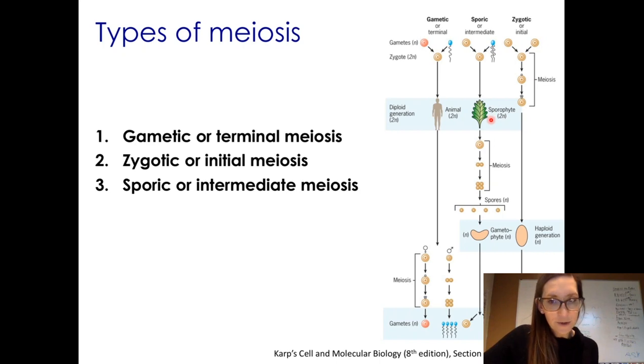That undergoes meiosis to create haploid spores, but then here's the twist. Those haploid spores, instead of just fertilizing, they grow through mitosis to form what we call a gametophyte, and that's a multicellular haploid generation, and then that gametophyte through mitosis creates the gametes. So it's a little bit more complicated here.